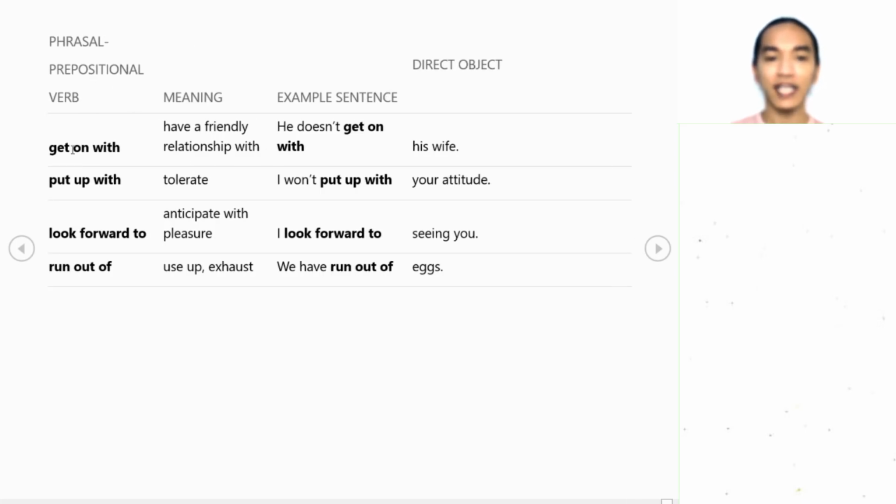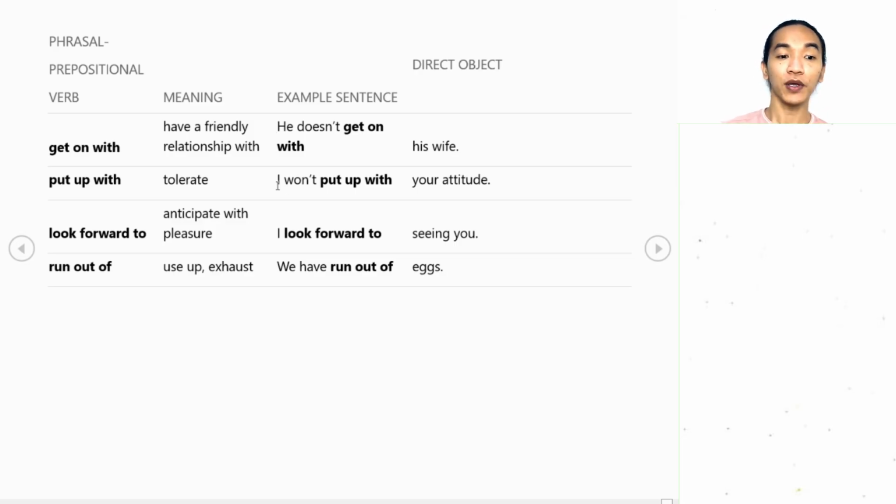For example, get on with, which means have a friendly relationship with someone. Like, he doesn't get on with his wife. Your direct object here is his wife. Next, put up with means to tolerate someone or something.